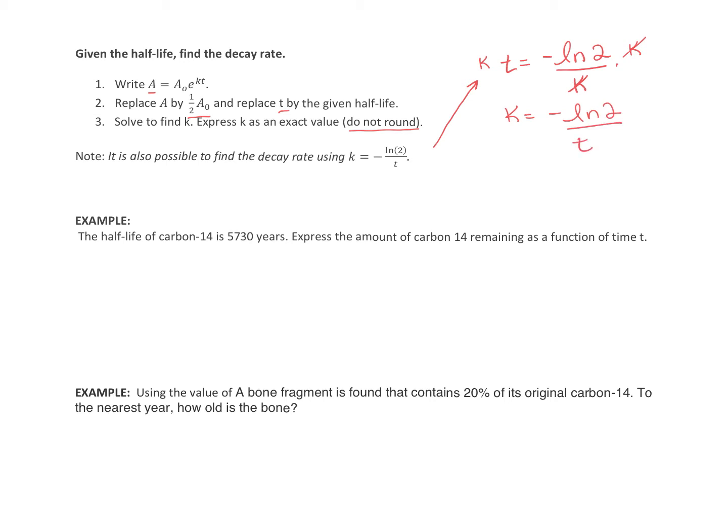Okay, so if we have the half-life of carbon-14 being 5,730 years, let's express the amount of carbon-14 remaining as a function of time t. In this particular case, we're first going to find k. So we're going to say the half-life, so 1/2 a sub 0 equals a sub 0 e to the k times 5,730 years.